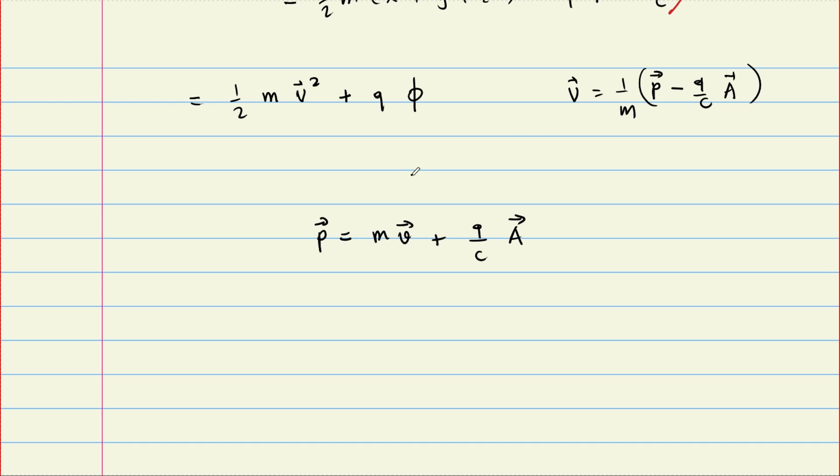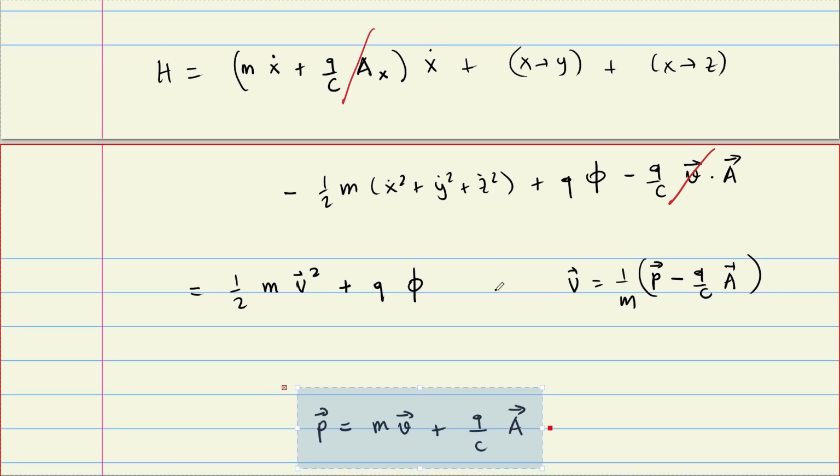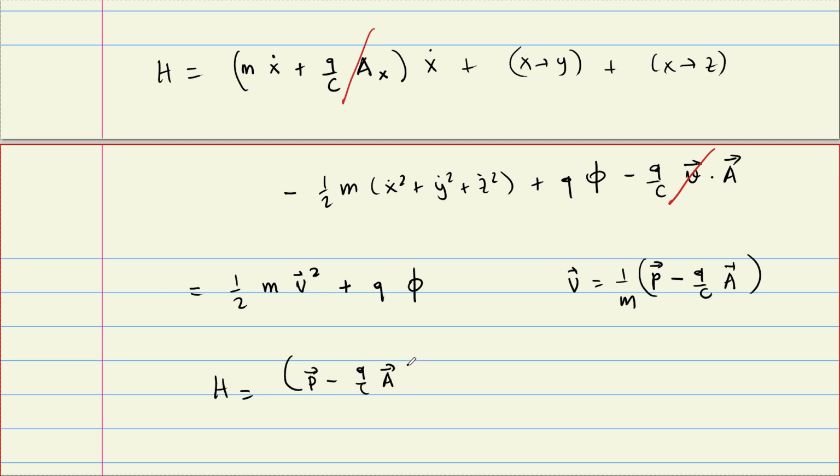Okay, I'm done with this. Then the Hamiltonian ends up being P minus q over c times A, squared, divided by 2m, plus q phi.